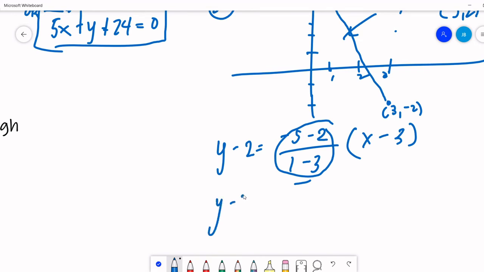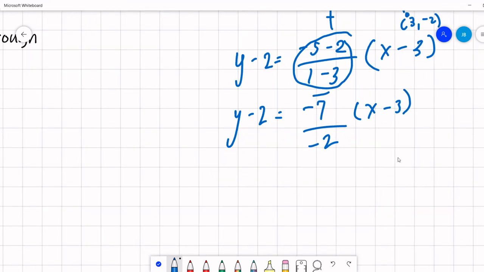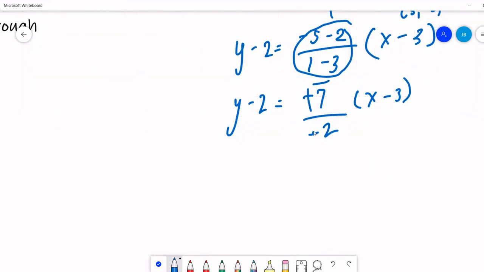So therefore, y minus 2 is equal to negative 5 minus 2, that's negative 7, over negative 2, times x minus 3. So this becomes positive. So it becomes 2 times y minus 2 is equal to 7x minus 21.